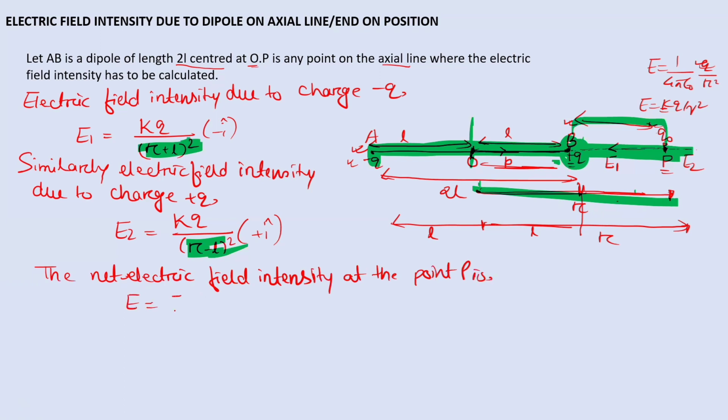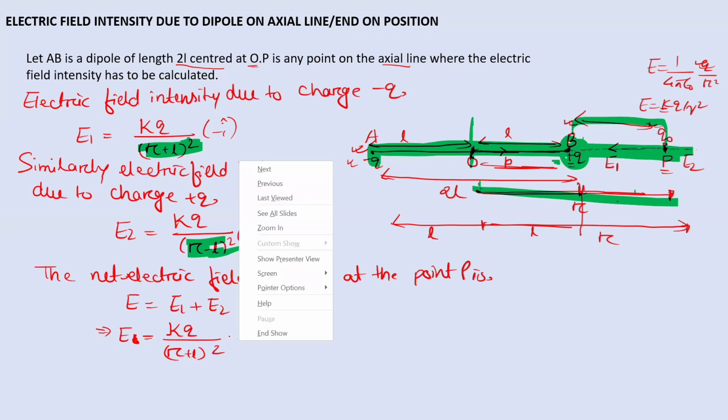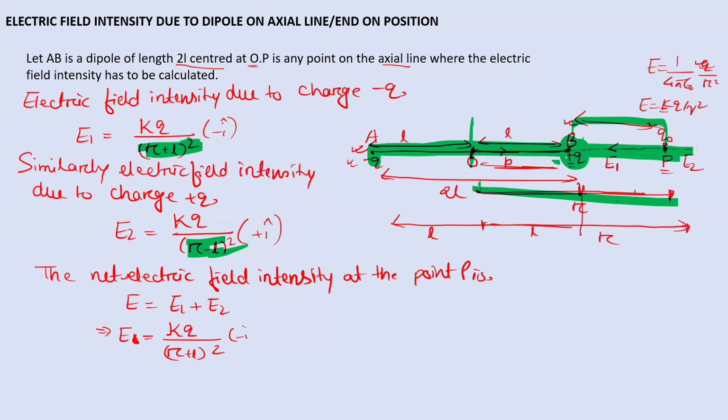So E is equal to E1 plus E2. Now we will put the values that we have written. This is only E, okay? It is KQ by R plus L whole square, okay, with a minus i cap. Clear? Again, plus KQ by R minus L whole square with a plus i cap.